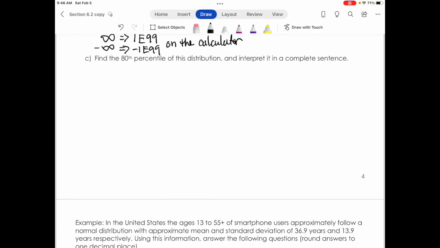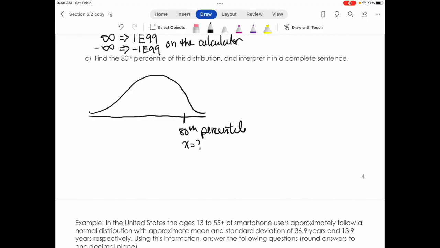Okay, part C. Find the 80th percentile of this distribution and interpret it in a complete sentence. Okay, so the 80th percentile means I want to find the value of X so that this cutoff point right here gives me 80% of the data to the left.